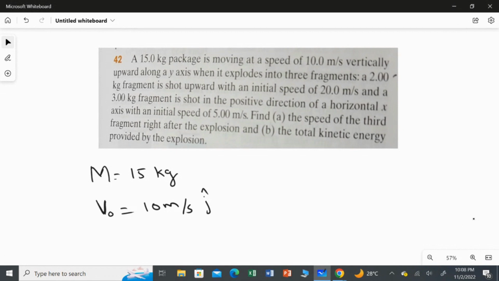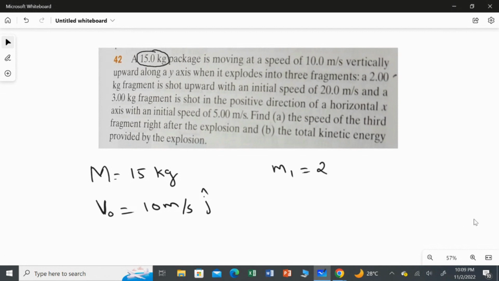And then it explodes. Which one explodes? This 15 kilogram package explodes. Once it explodes, it is converted to three fragments, so three pieces: M1, M2, and M3. So I'm going to write M1 here. What is the value of M1?